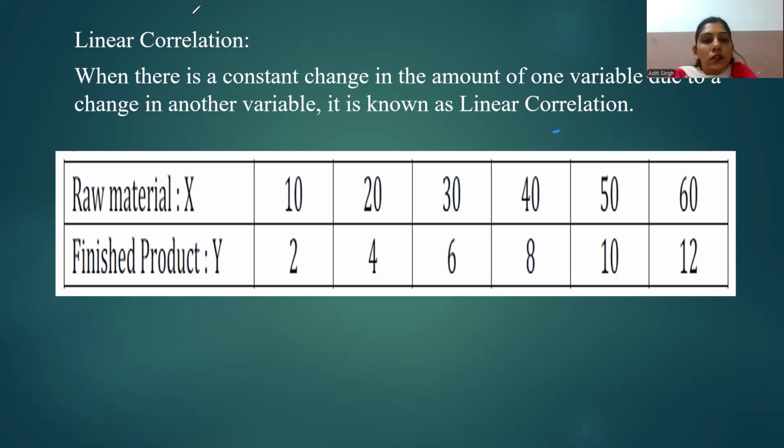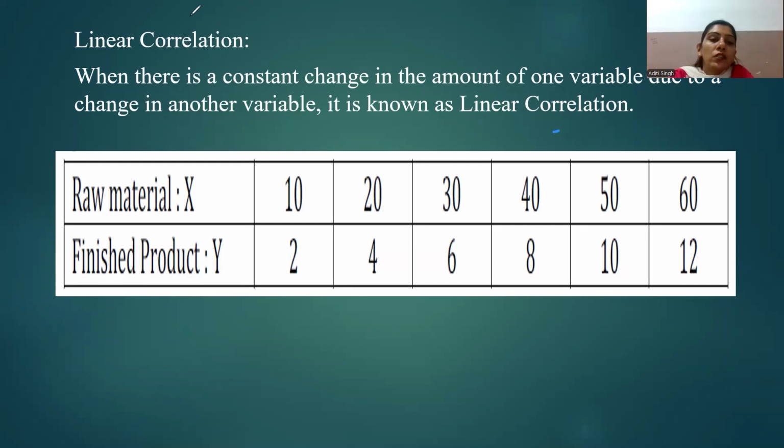If the amount of change in one variable bears a constant ratio to the amount of change in the other variable, then the correlation is said to be linear correlation.